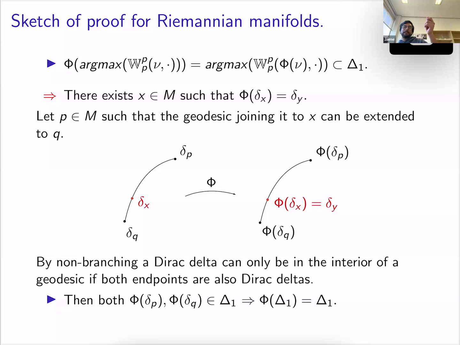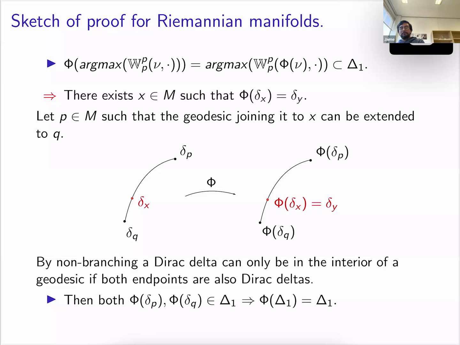So there's absolutely no geodesic that can extend it. So you need to work a bit more. But then all the other assumptions that are made really help you conclude that you are actually forced to send every Dirac delta to another Dirac delta. But fortunately, for Riemannian manifolds, the proof is much simpler.